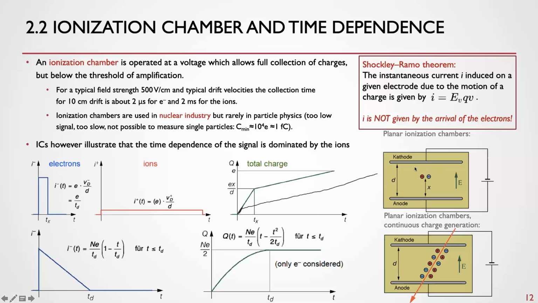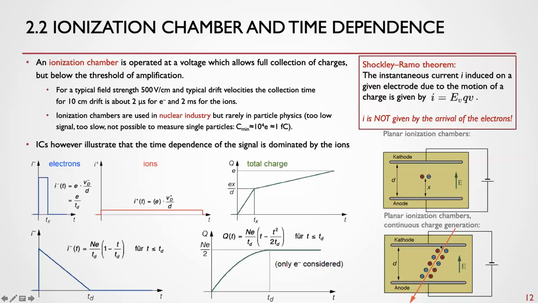If you have the creation very close to the cathode, then you collect your signal very quickly. That's an important point for the dynamics of the movement of the charge carriers in gaseous detectors, and not only gases, also silicon detectors and all the detectors.